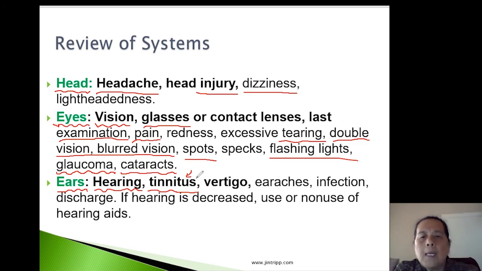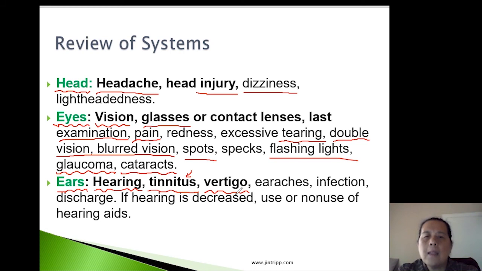And the patient maybe has vertigo. We know the ear has two functions: one is hearing, another is balance. So that's why in Western medicine we put vertigo in the ear questions, because balance is related to the ear.